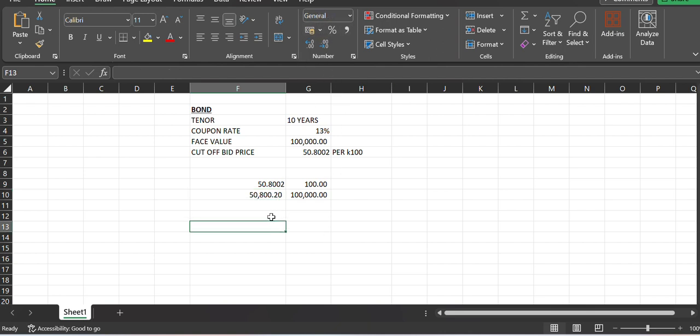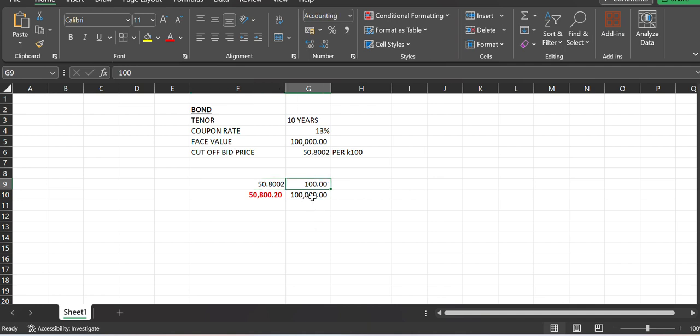So basically, this would be the cost. I'll put it in red. This will be the cost in kwacha terms. So if Bank of Zambia is saying the cost per 100 kwacha is 50, you give us 50 kwacha, we give you 100 kwacha.